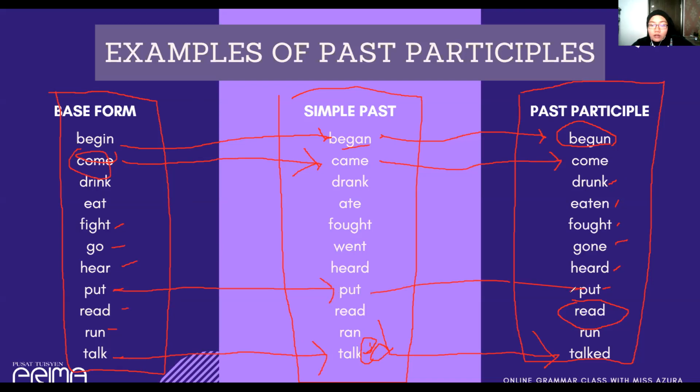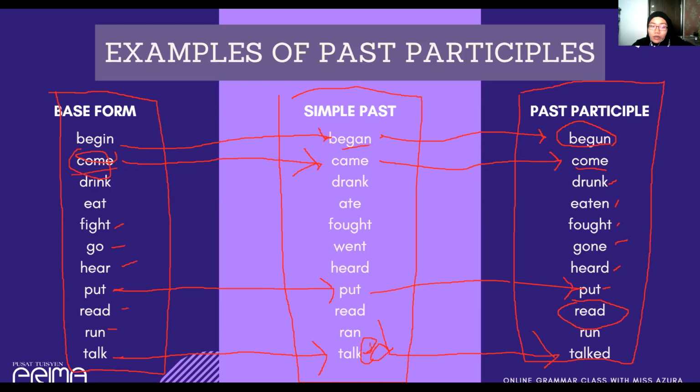Okay, there are four varieties of these past participles. Number one is when the base form, the simple past, and past participle are all different from each other. Begin, began, begun. Number two is when the past participle is the same as the base form. Come, came, come.